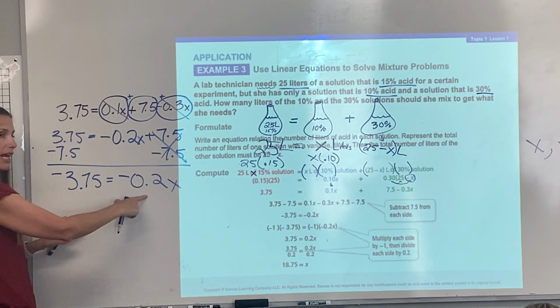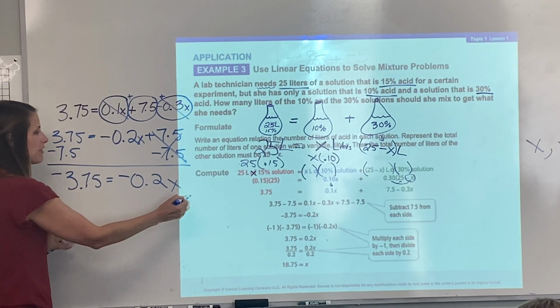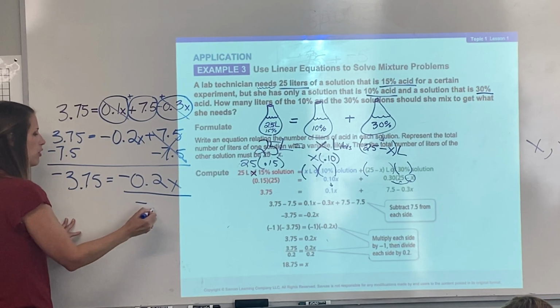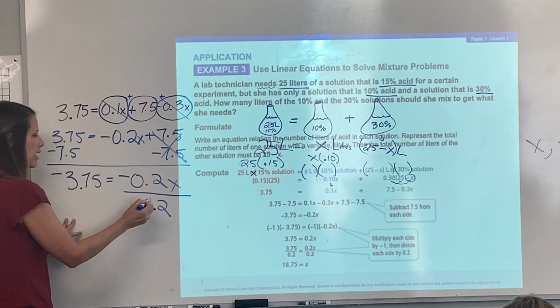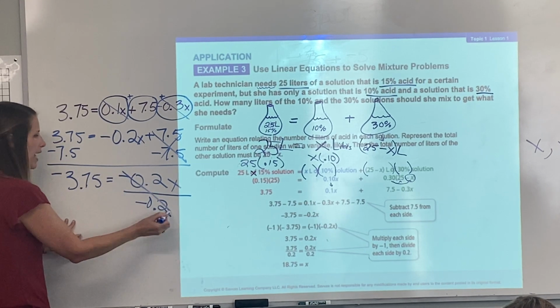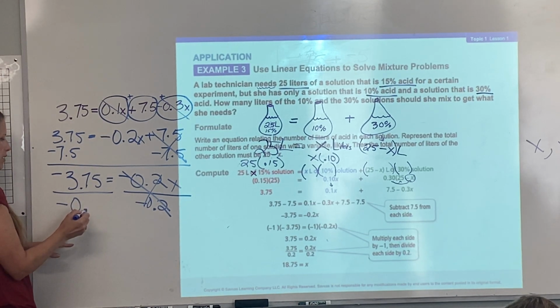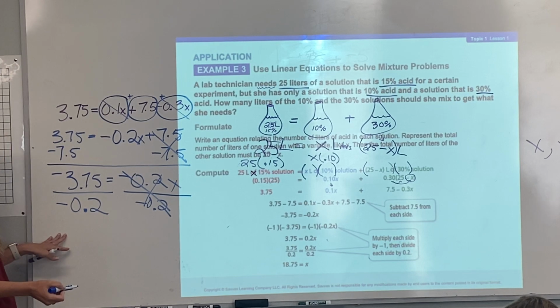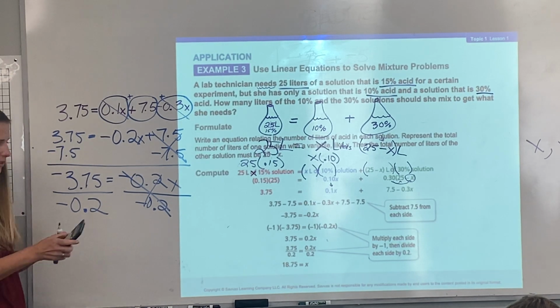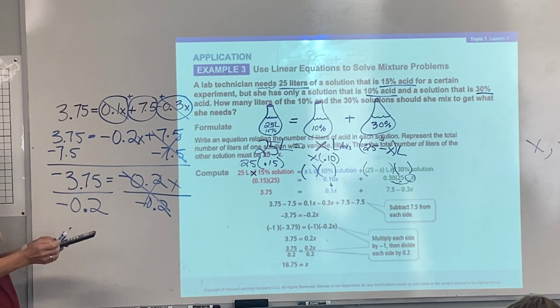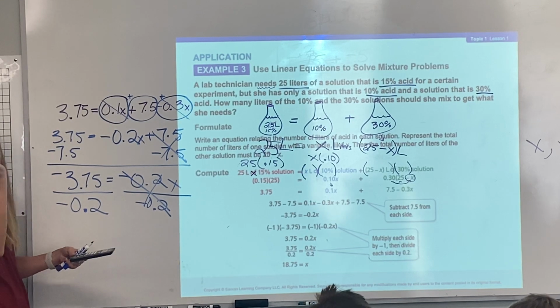X is being multiplied times negative 0.2. We divide by negative 0.2. Or negative 0.2, same thing. Cancel, divide by, same thing on the other side, negative 0.2. Now for me, I'm not gonna type in my negatives because I know a negative divided by a negative is just gonna be a positive.